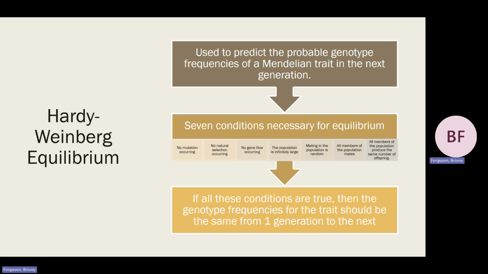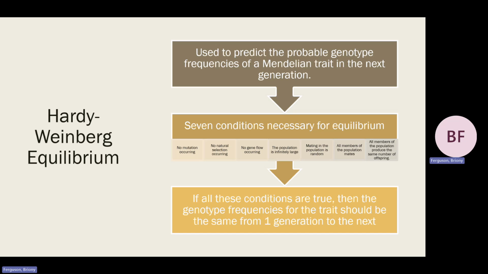You also can't keep a population infinitely large and stable. Regardless of what kind of organism it is, there is always some sort of sexual preference or mating preference. So that's kind of out the window. And organisms never have the exact same number of offspring within each individual in a population. So these are never true.